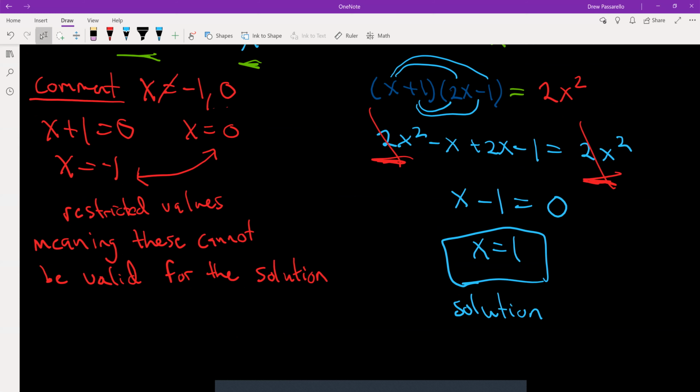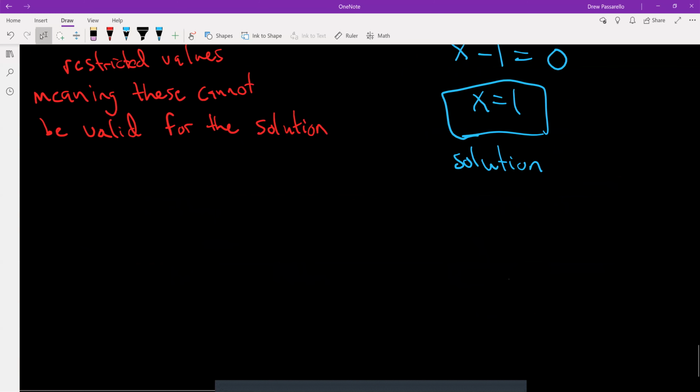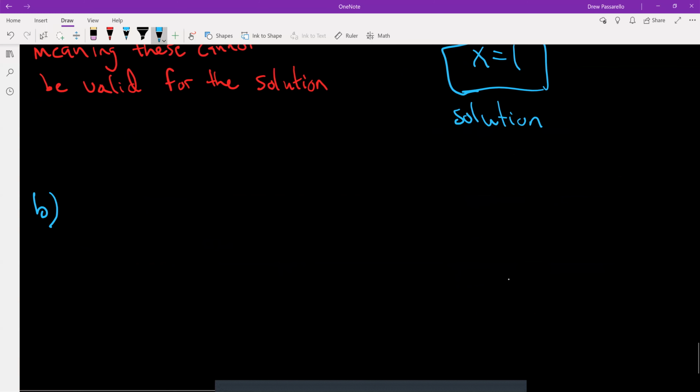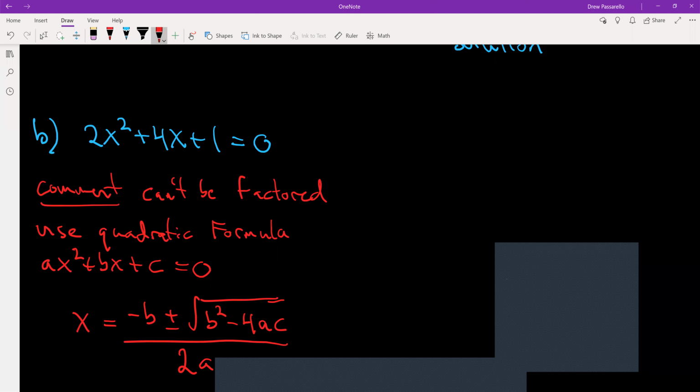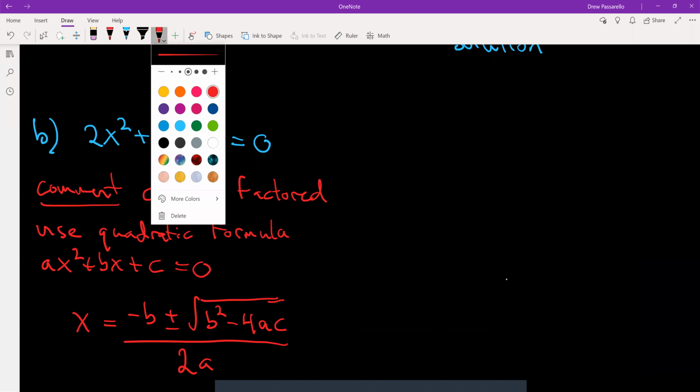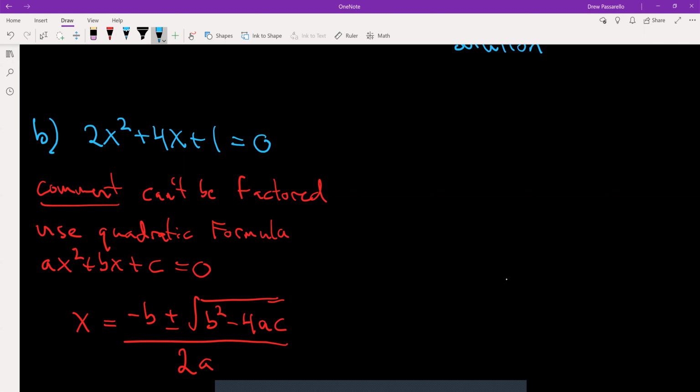Now part B. All right, so I went ahead and wrote this out. So I have 2x squared plus 4x plus 1 equal to 0. And you'll find out that you can't actually factor this.